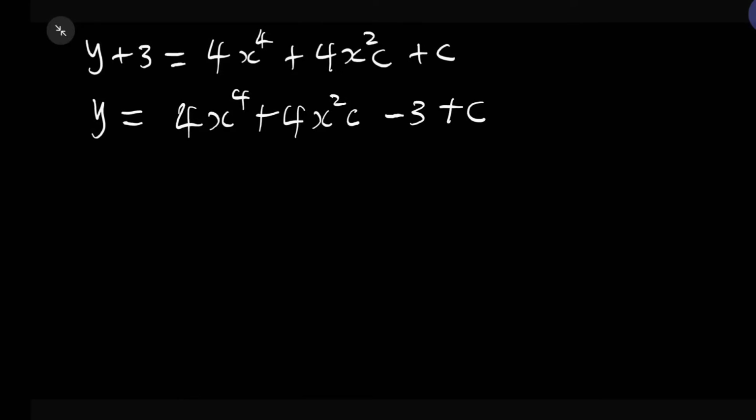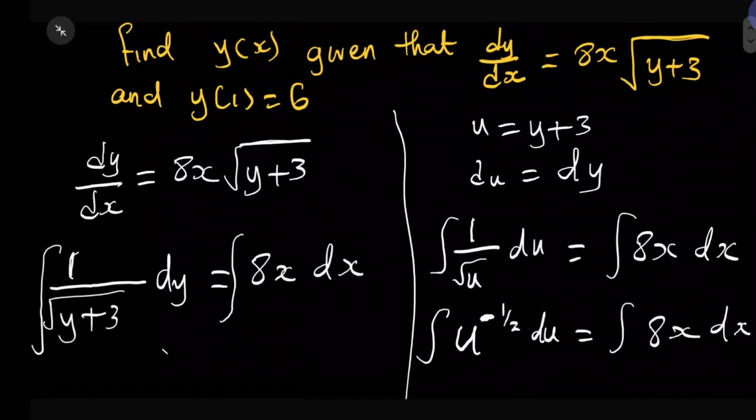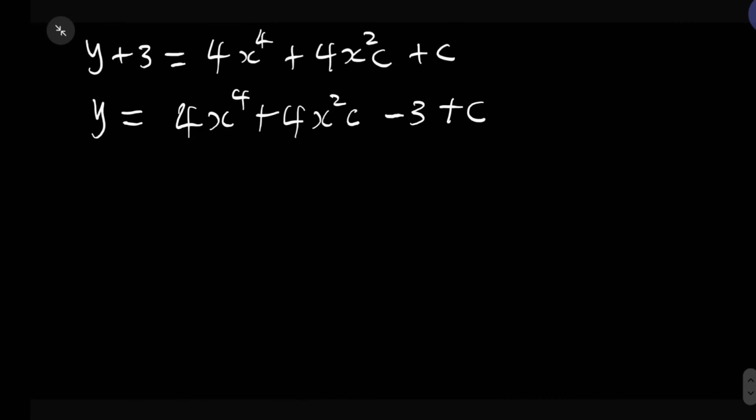So remember, we have y of 1 is equal to 6 as part of our conditions. So if we say that y of 1 is equal to 6, let's substitute 1 for every value of x in this derived expression.